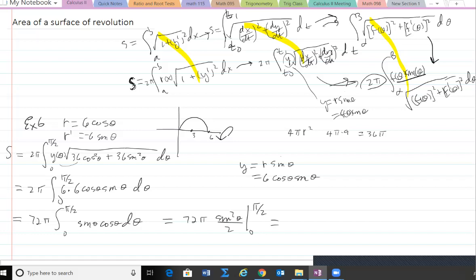And then that's 72, well, 36, getting rid of the 2's here, 36 pi, and then we have sine squared pi over 2 minus sine squared 0. So that is 36 pi times 1. And there's our 36 pi.